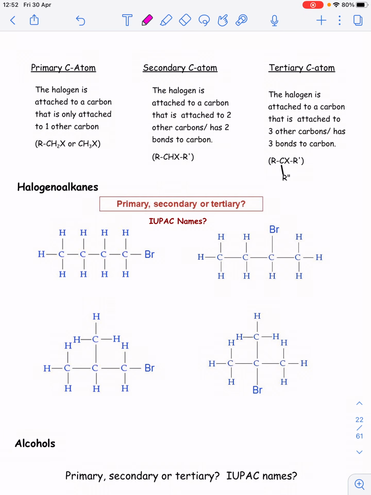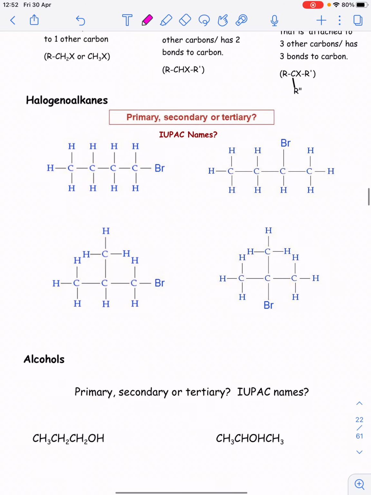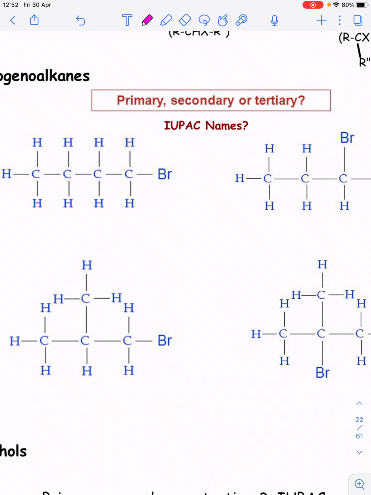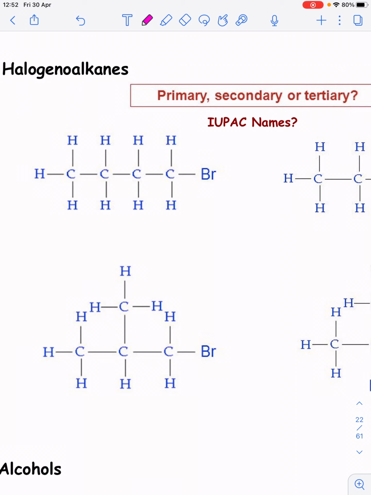So looking at the examples below will help us understand that definition. So this first molecule at the top left that I'm looking at, this is a halogenoalkane. I can see bromine is attached to butane. The bromine is attached to a carbon atom that is only attached to one other carbon atom. Otherwise, it's attached to hydrogens.